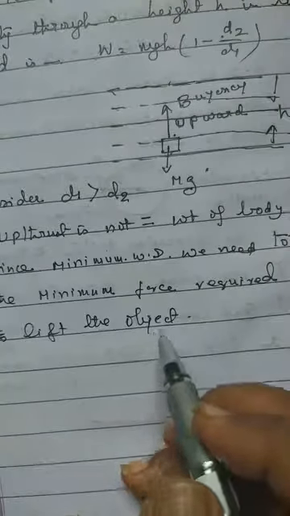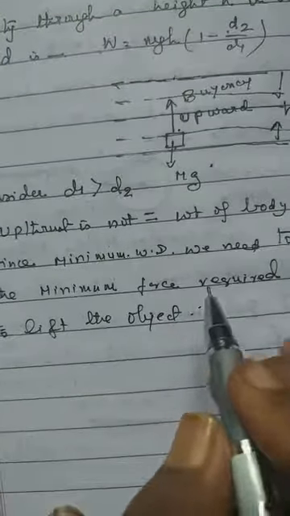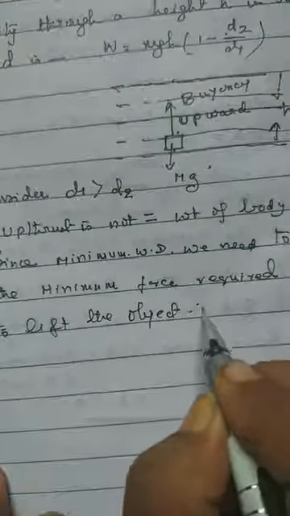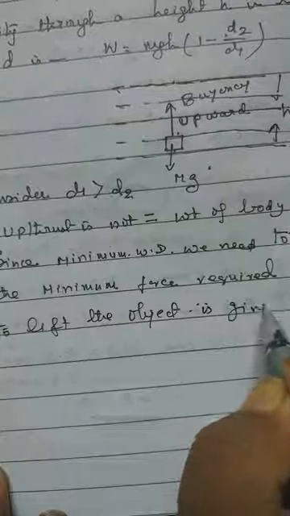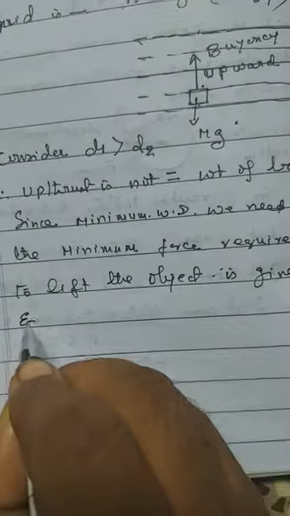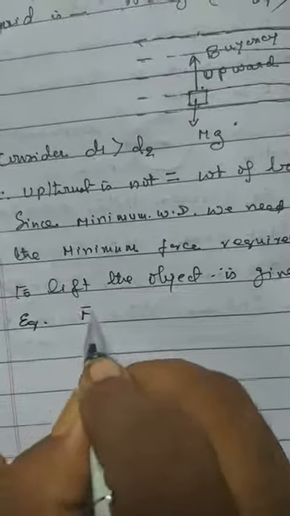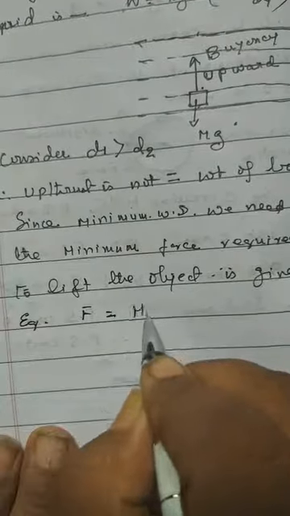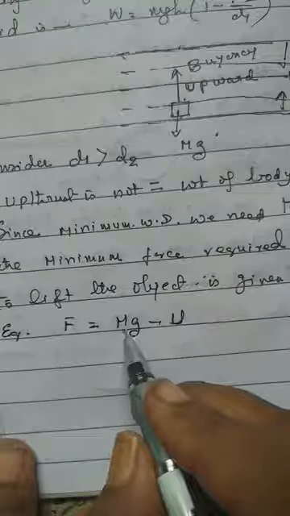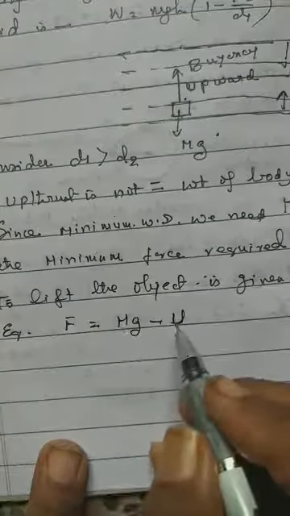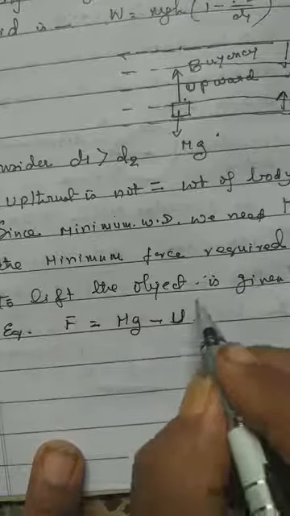So the minimum force required to lift the object is given by the equation F is equal to mg minus U, where mg is the weight of the body and U is the upthrust.